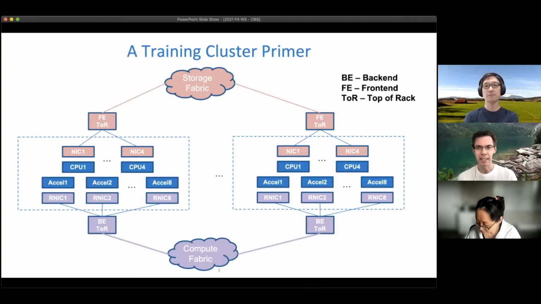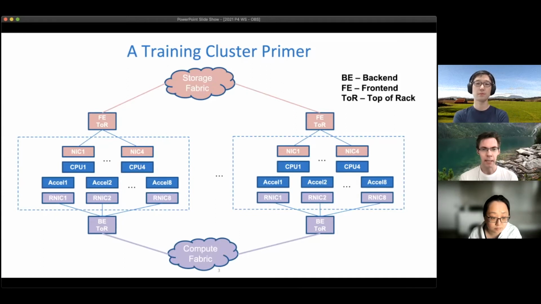Thank you, JK. So folks, this diagram is an illustration of what we call a training cluster. This is what we typically use to train large ML models. On the diagram, you can see there are two fabrics where we plug these specialized nodes, which consist both of accelerators and CPUs.